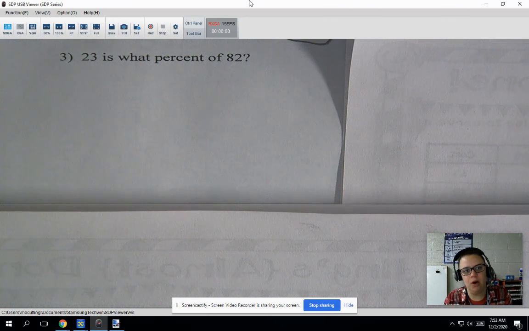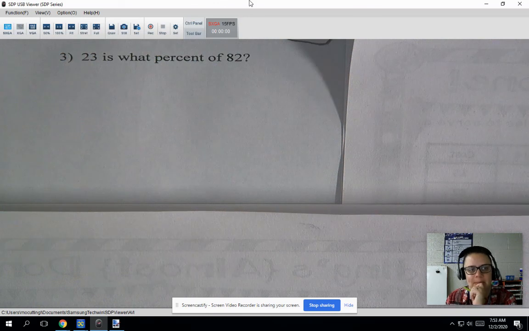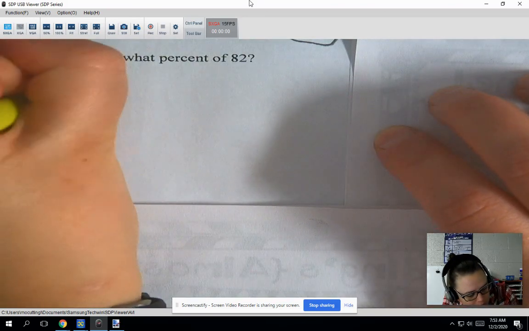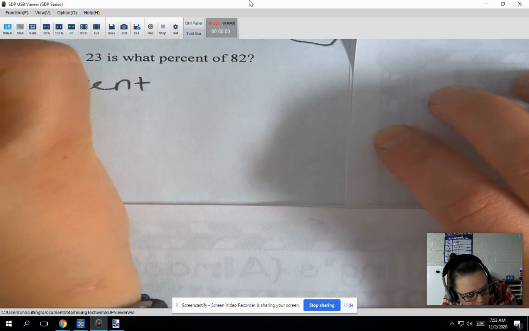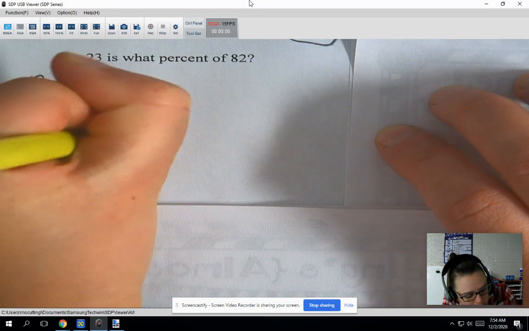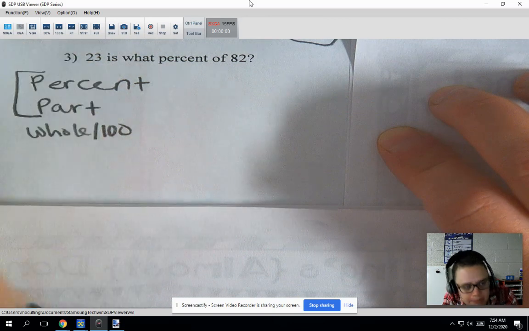23 is what percent of 82? Oh, right away I see I'm missing a percent symbol. That might be good to know. Okay, so I'm going to label, I need my percent, I need my part, and I need my whole slash 100. These two go together.